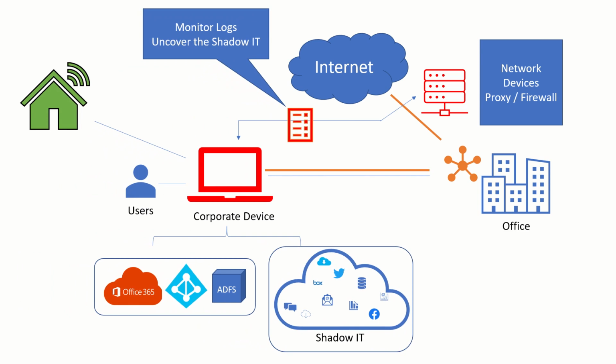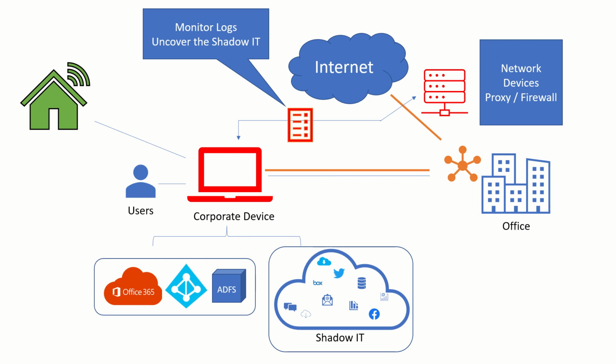In this case, let's say your current solution for shadow IT is only capturing the logs generated by your on-prem proxy servers or firewall servers. Then you may miss that data, or you may not be aware of those applications which the user is accessing while working from home, let's say not over a VPN connection, right?